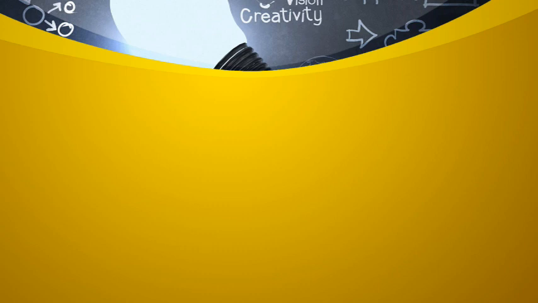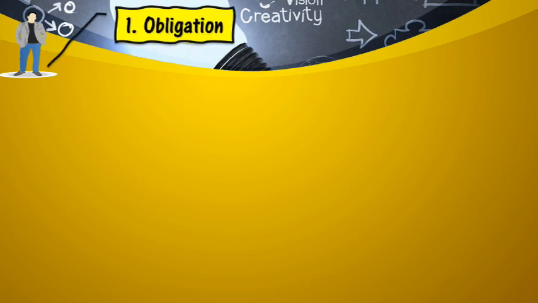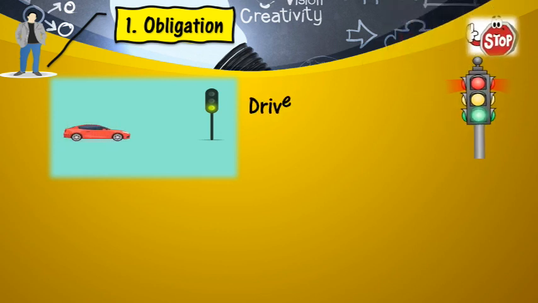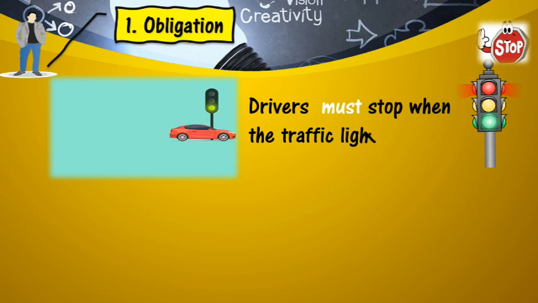The first function to study today will be obligation. There are situations when we are obliged to do some things or when something is obligatory, just like in these examples. Let's look at this picture. You all know what drivers are supposed to do when the traffic light is red, right? Drivers must stop when the traffic light is red.